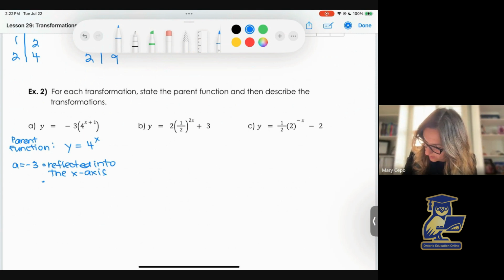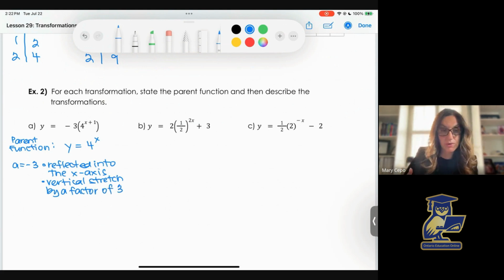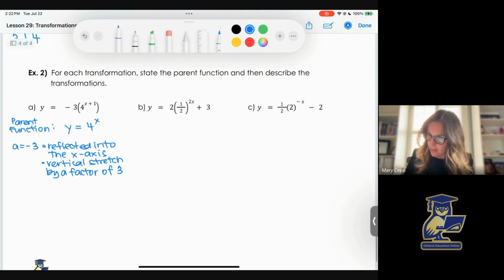Then we have 3, so it's going to be a vertical stretch by a factor of 3. And you would never say -3. The negative represents the reflection. Then we have no k value because there's nothing in front of the x. We do have a d value. d is equal to -1.